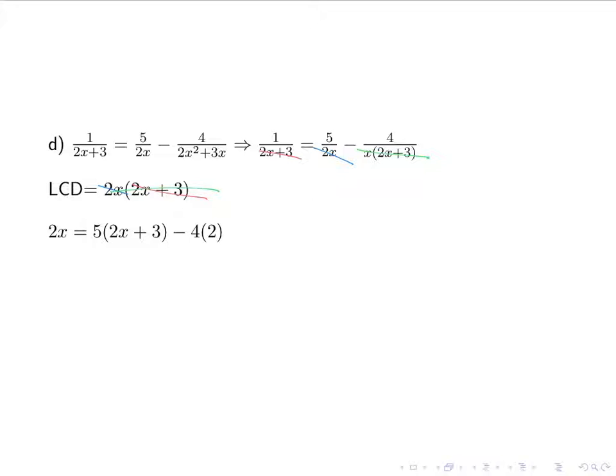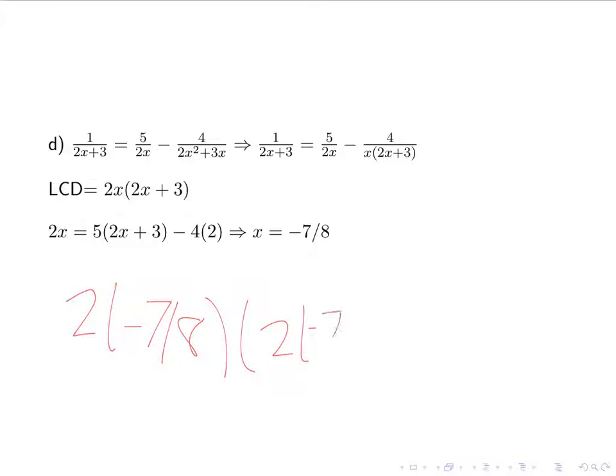And then we will, again, distribute and solve. So 2x equals 10x plus 15 minus 8. Bring the 10x over, negative 8x equals 7. So x is negative 7/8. Again, we'll check: does it make my LCD 0?